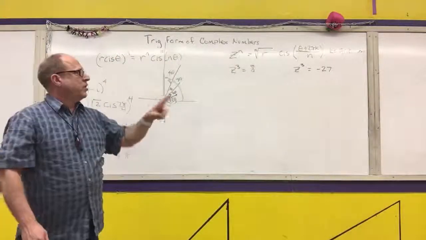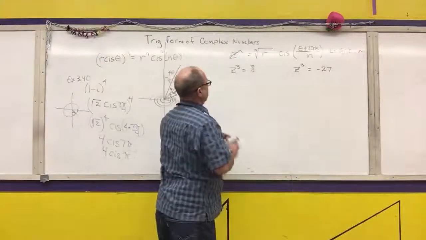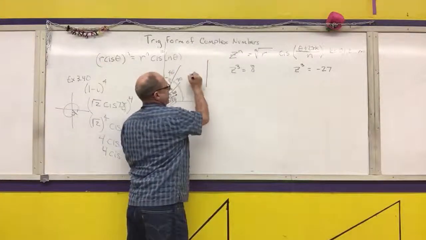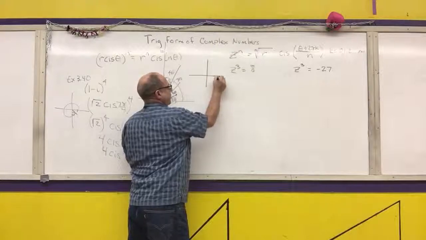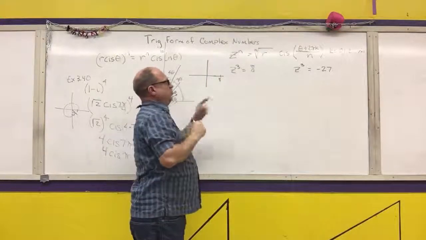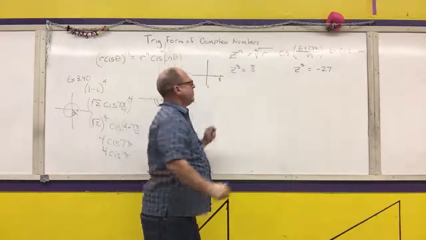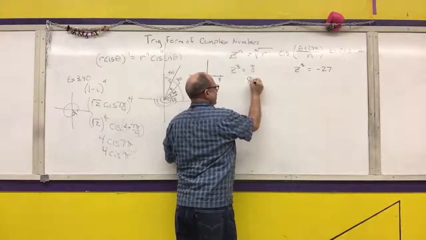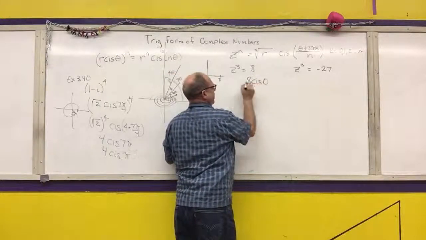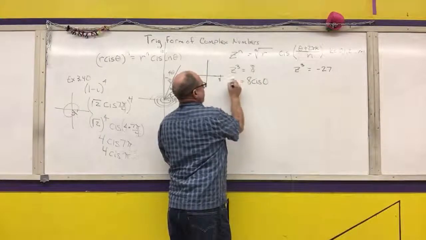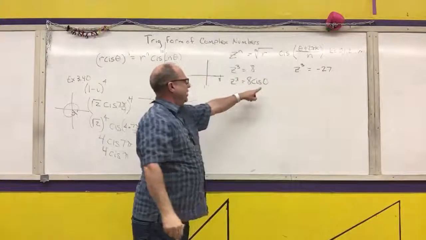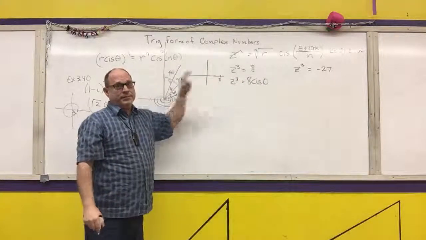Okay? So let's draw 8. And let's kind of talk about it. 8 is right here. So if I wanted to write this in trig form, this would be 8 cis 0. Hopefully everybody understands that this is a 0-degree angle. Okay?